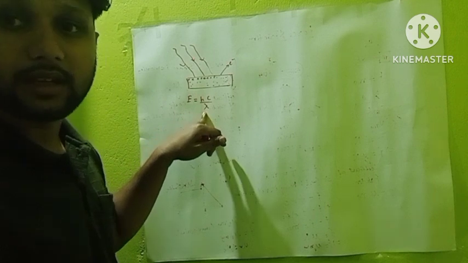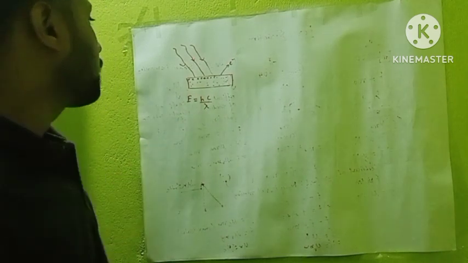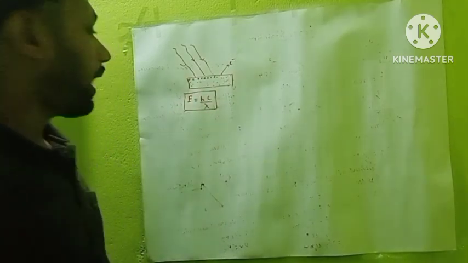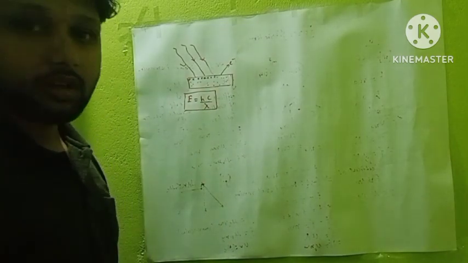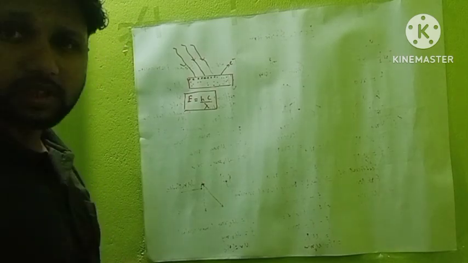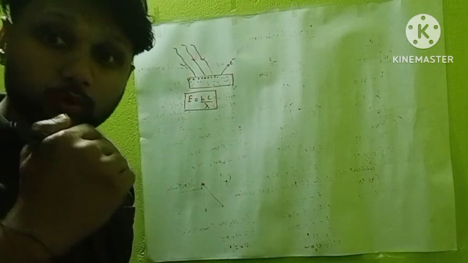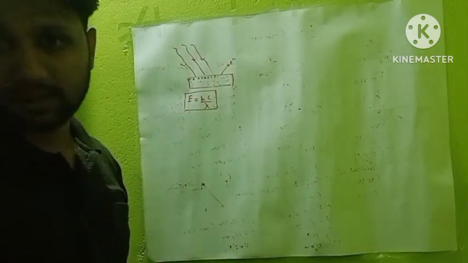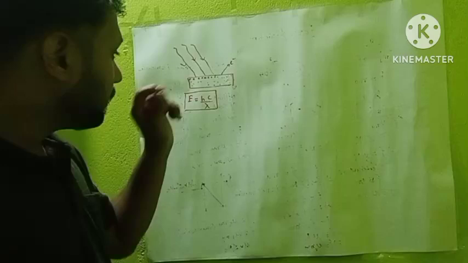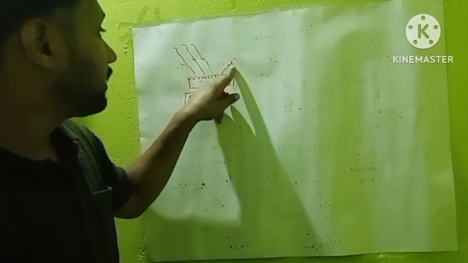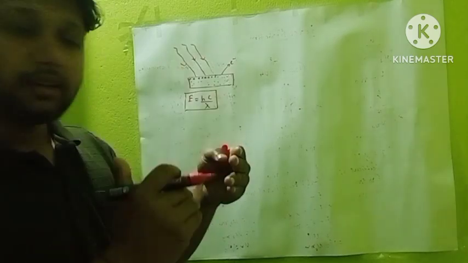This is the formula for the energy of light rays. Now it is observed that there must be a minimum value of energy after which the electrons get released. Below that, the electrons are not released.